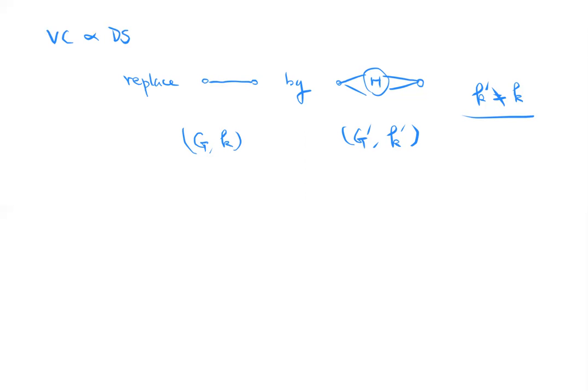Now, this gadget H is not unique. There are many ways to construct it. One way is to use the following: each edge UV will be replaced by this structure. Or we can use another structure.